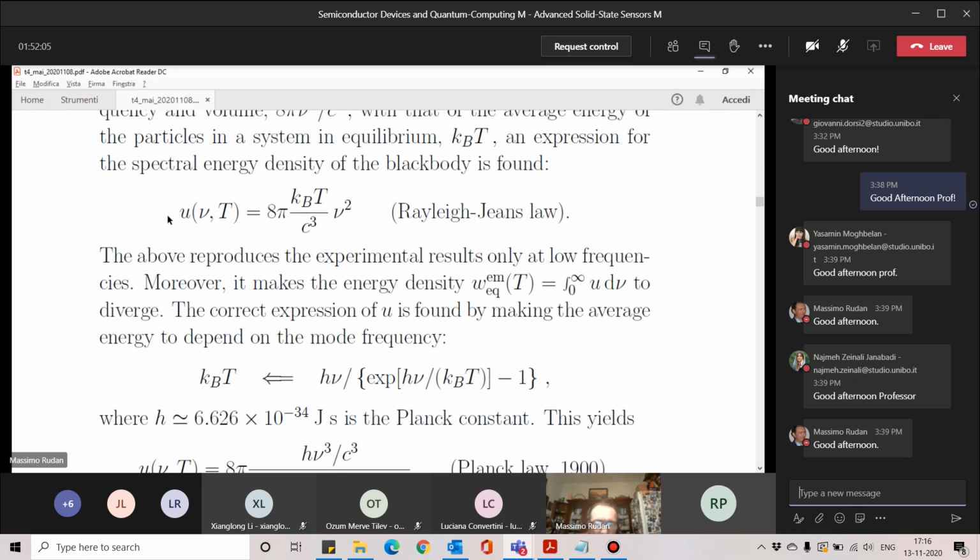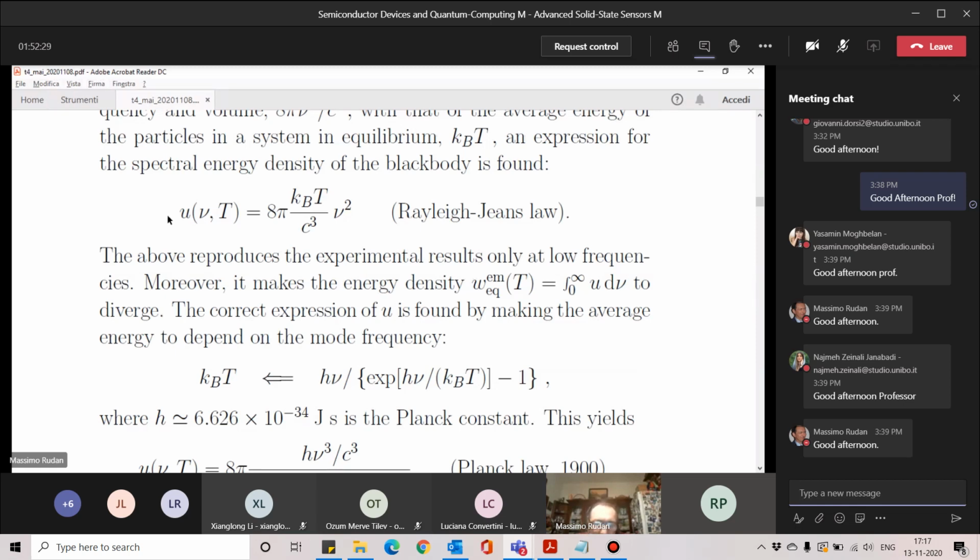The solution to the riddle was found by Planck, who changed the calculation of the average energy. It is not written in this page. So this page shows only the result of the calculation, okay?